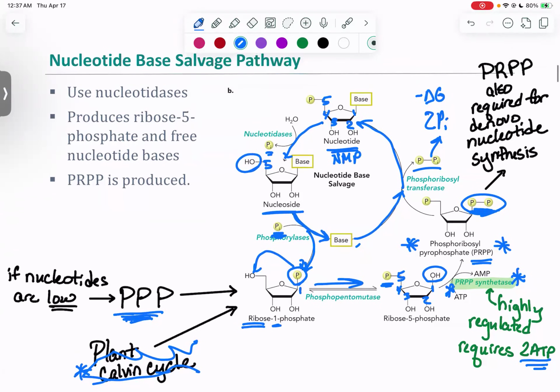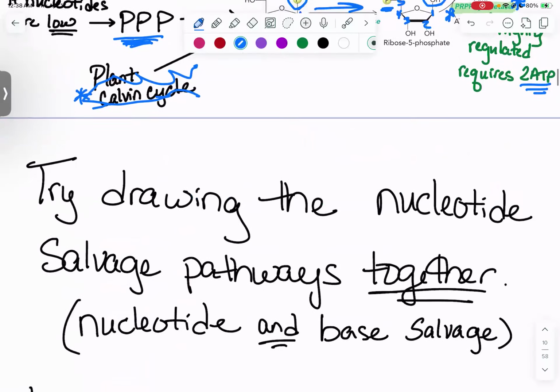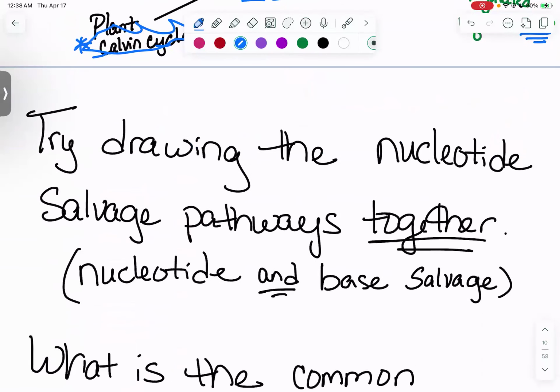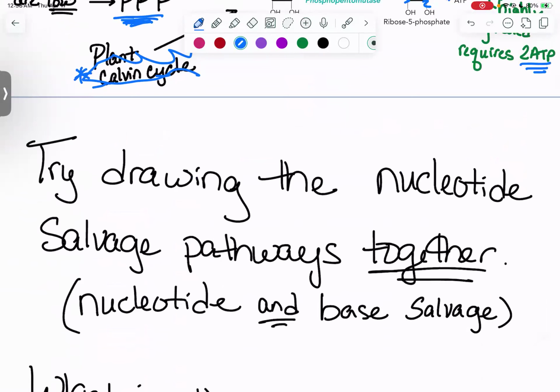So PRPP is important in the salvage pathway, and it's really also important for de novo nucleotide synthesis. So just realize that we're going to be talking about PRPP again. All right. Okay, so my advice to you is to try to draw these 2 salvage pathways.